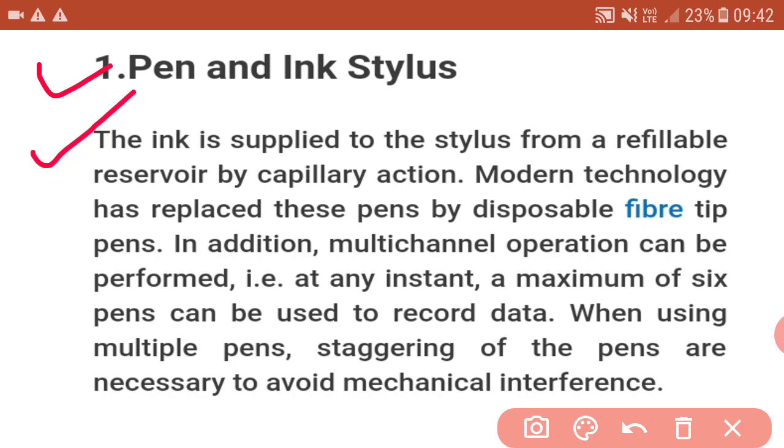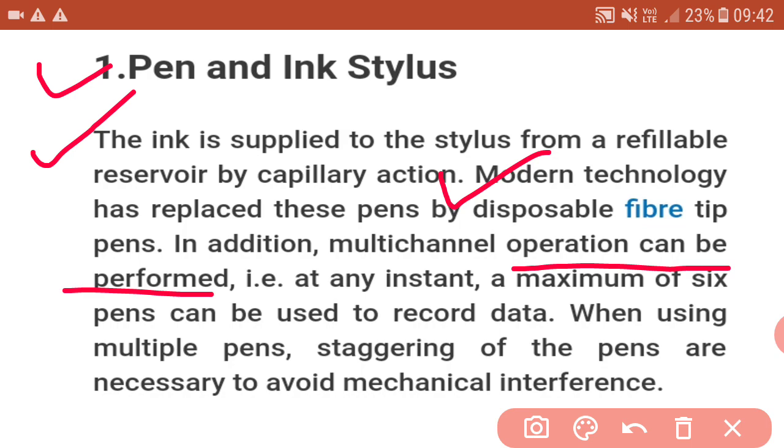Modern technology has replaced these pens with disposable fiber tip pens. In addition, multi-channel operation can be performed.